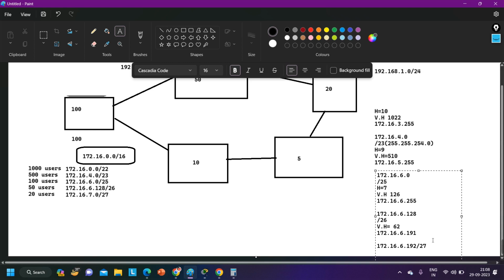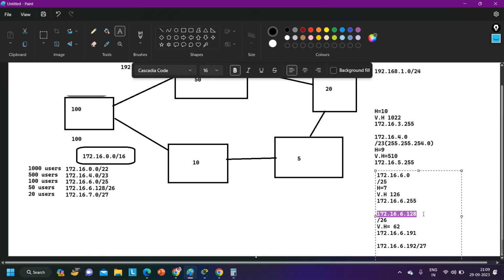It means at least 16 will come. If you see the third segment for that 100 users, the broadcast IP address is 172.16.6.256, actually you have written.